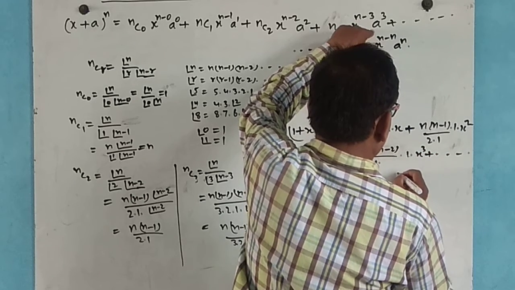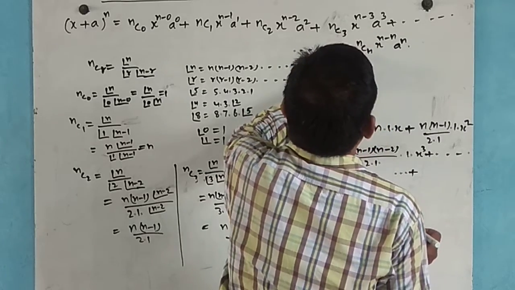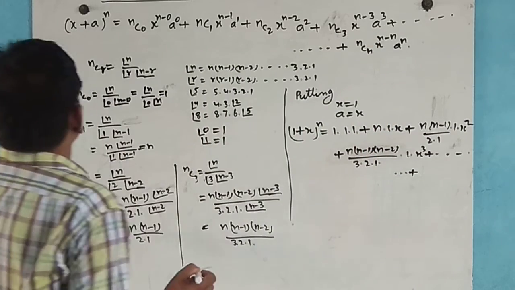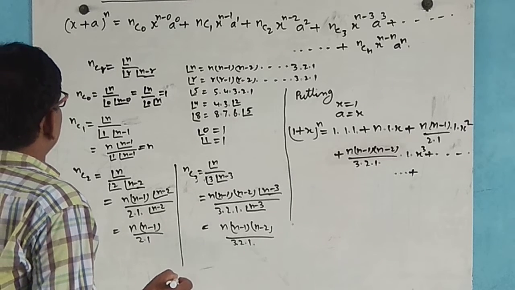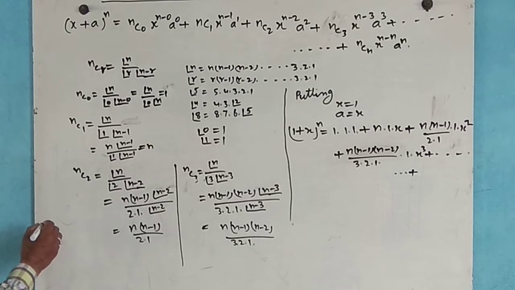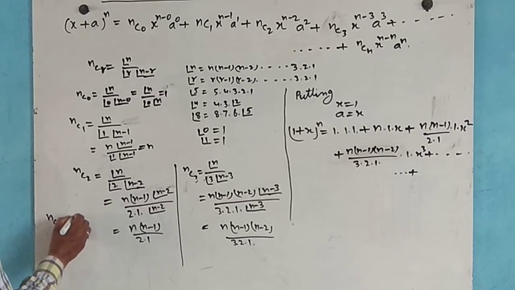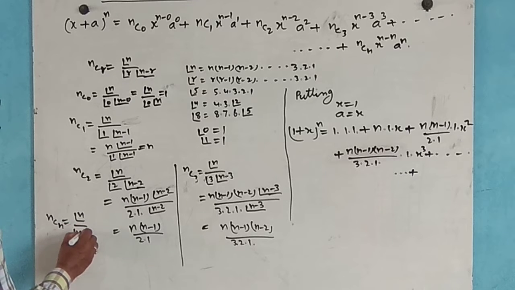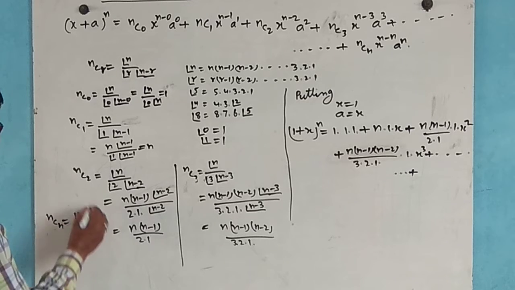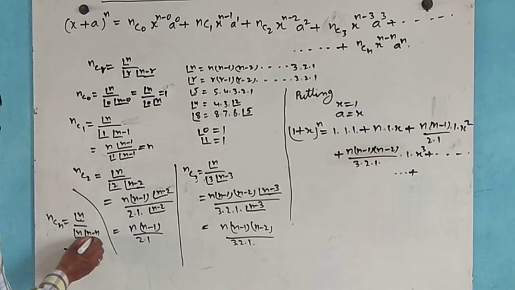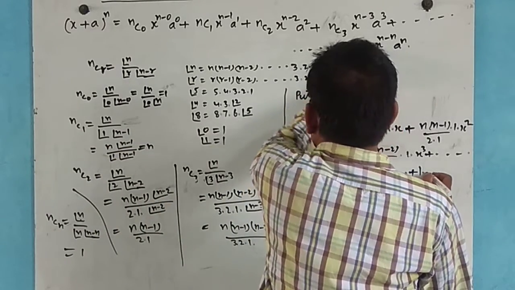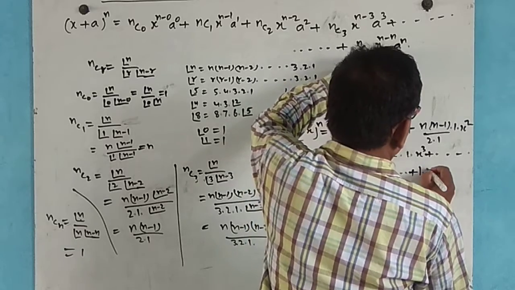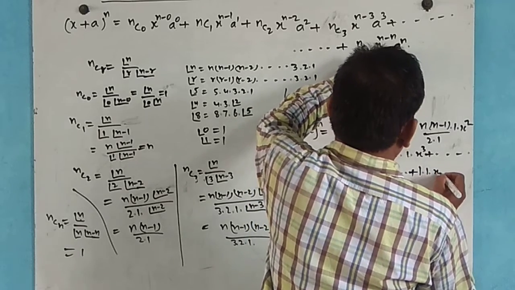Dot dot, at last comes nCn equal to factorial n divided by factorial n minus n. This is equal to 1, and 1 and x to the power n.